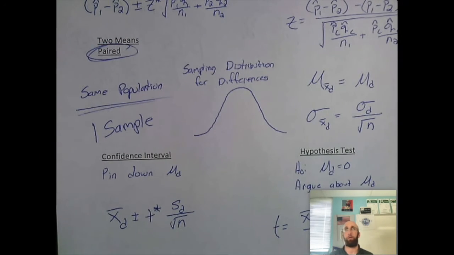For that sampling distribution, I go out and get a sample, and for that sample, I have you take the ACT at the beginning of the course and at the end of the course, find your differences, and take the average of that. So it's a single data set, not two data sets. It's a single data set of growth or differences.